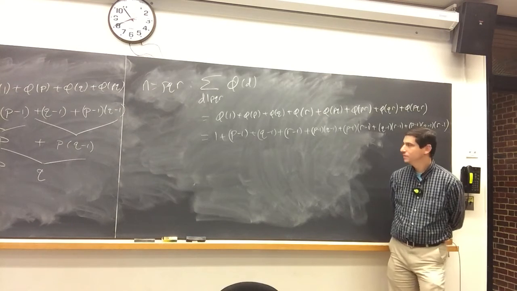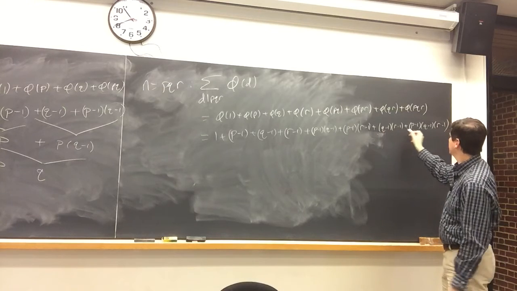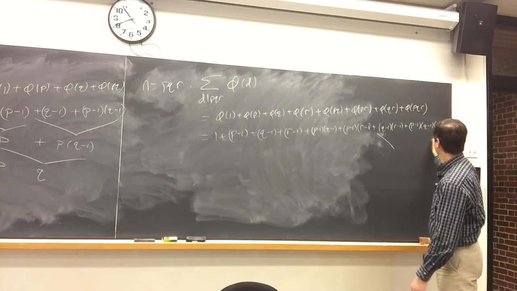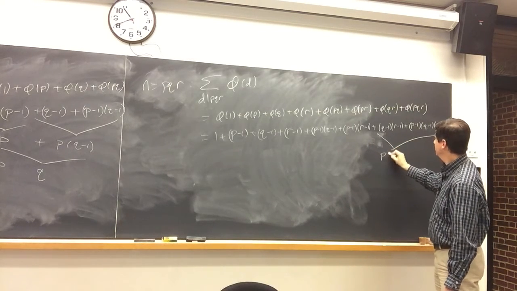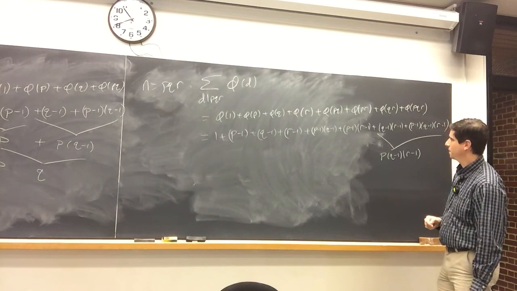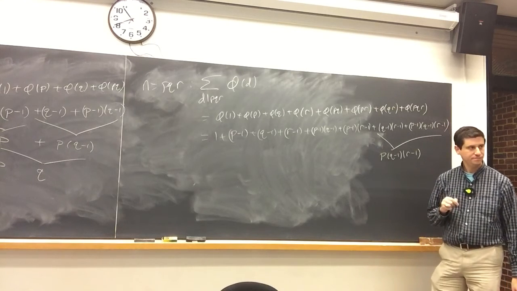Group the last two terms. All right, so we want to group these two? So this would then become P times Q minus 1, R minus 1? Yes. Okay, so we could try doing this. Now what?